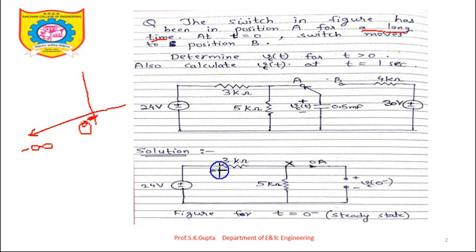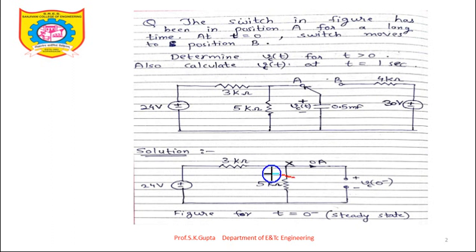So whatever current is coming in this 3 kilo ohm, the same current will flow in the 5 kilo ohm. Now let's find the voltage across this 5 kilo ohm resistor. Because in this branch no current is flowing, I can treat the 3 and 5 in series and use the voltage division rule.